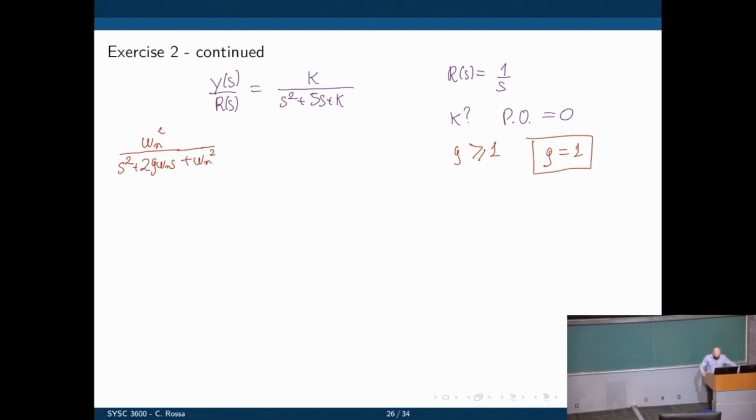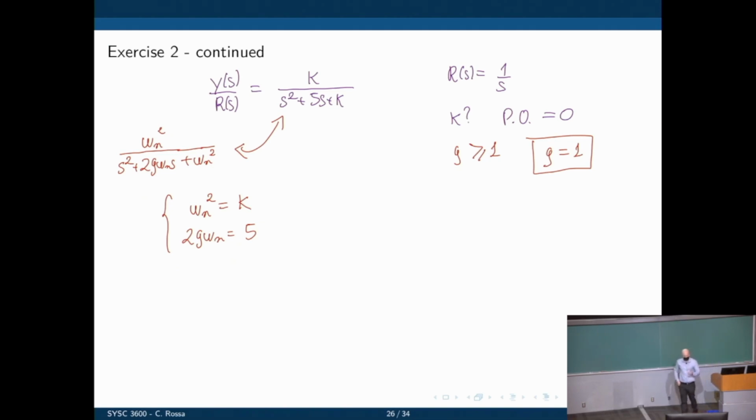How do we find the value of zeta? Well, we know that omega n squared is k, and we know that 2 zeta omega n is equal to 5, by simply equating these two. So we can now determine the value of k through these two expressions such that zeta is equal to or greater than 1.